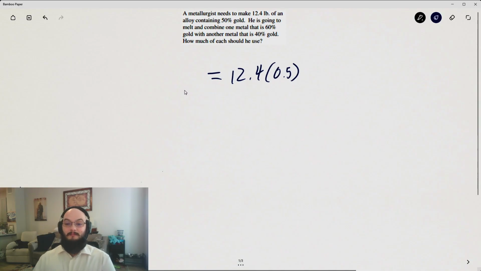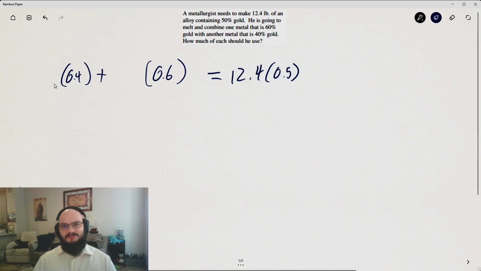He's going to melt and combine one metal that has 60%, so let's make that 0.6, and another metal that is 40% gold, 0.4. How much should he use?